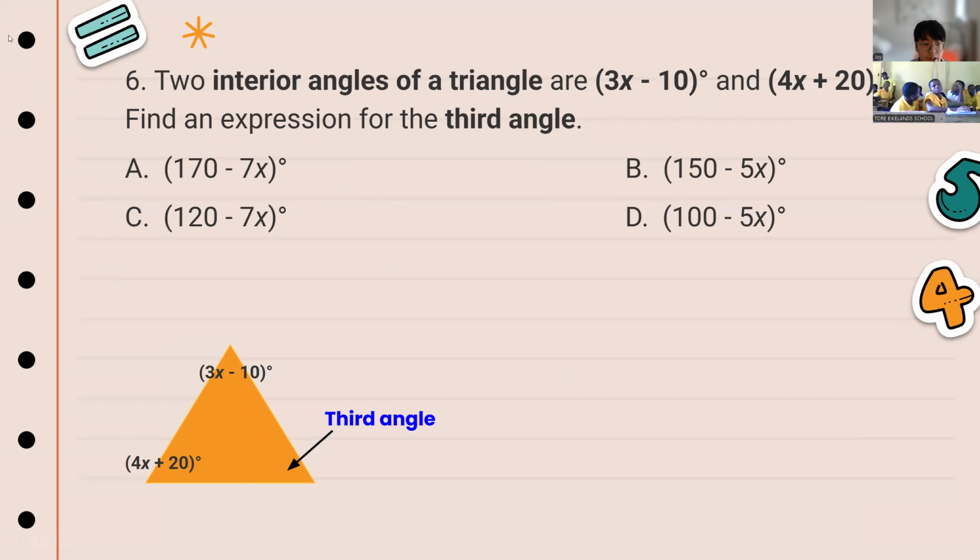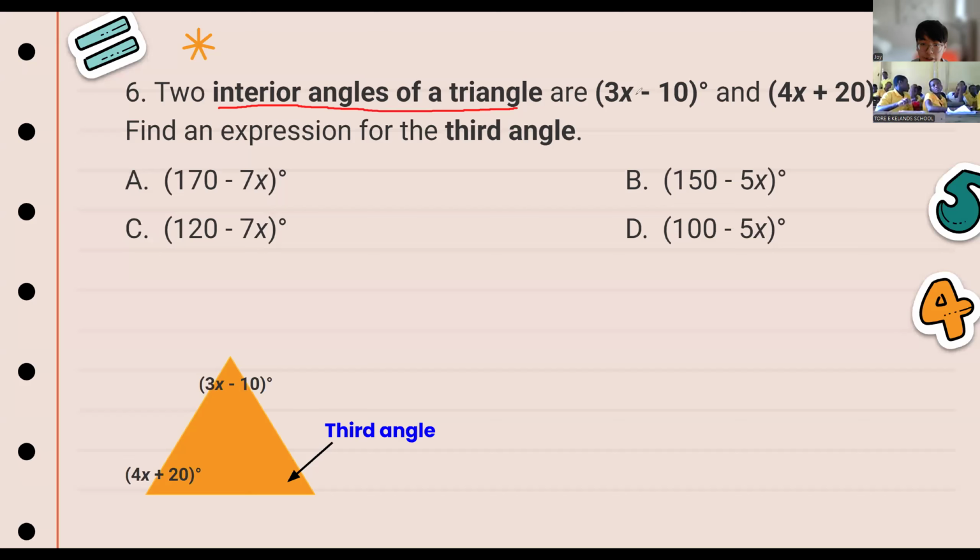Number 6 asks, two interior angles of the triangle are these angles. Find an expression for the third angle. How do you think we can approach this problem?